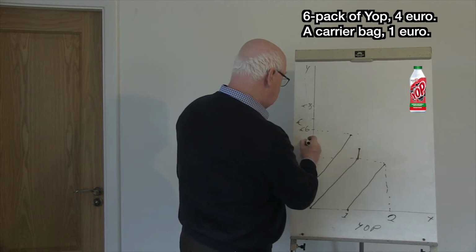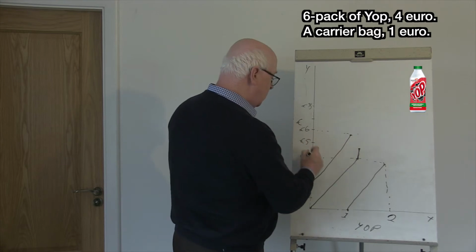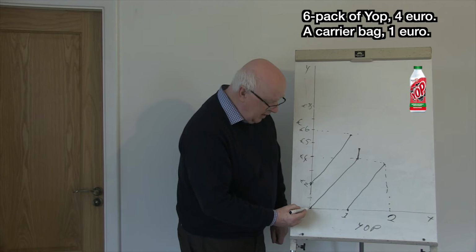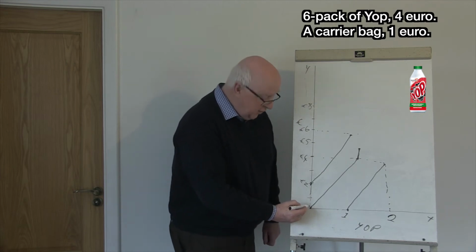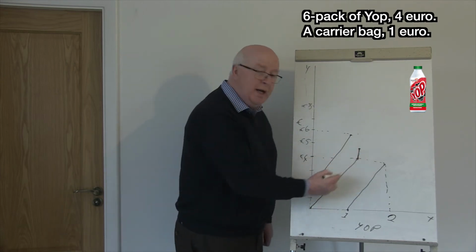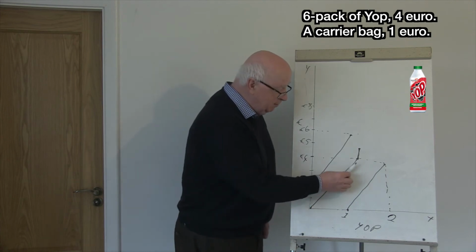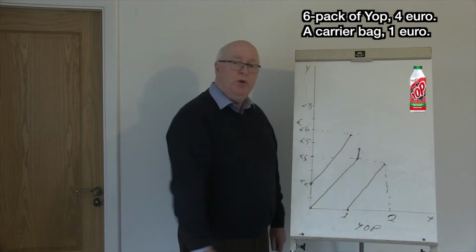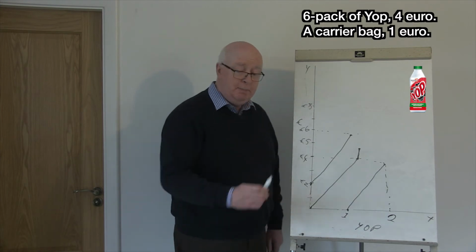And it's going to cost us €5. So that's another example, even though it's from the origin here, it's not a straight line because we pay for the Yop first of all, and then we have to pay €1 for the plastic bag to bring it home for us.